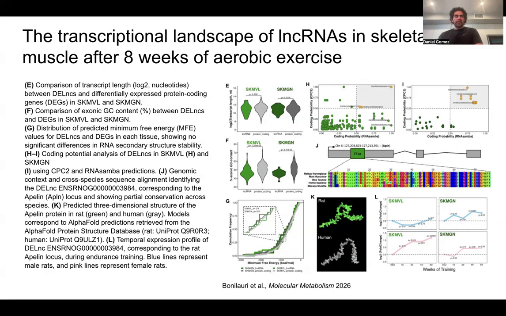And then in J, here we have a genomic context and cross-species sequence alignment, identifying the del-nic Ensembl gene corresponding to apelin. So the apelin locus shows a partial conservation across species.